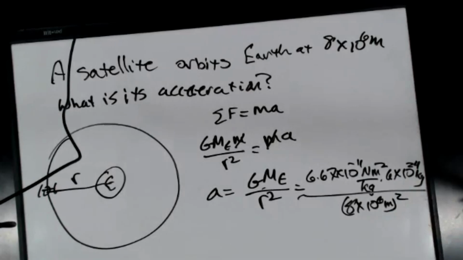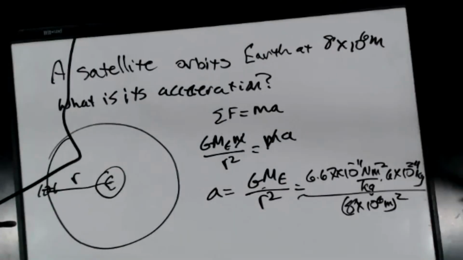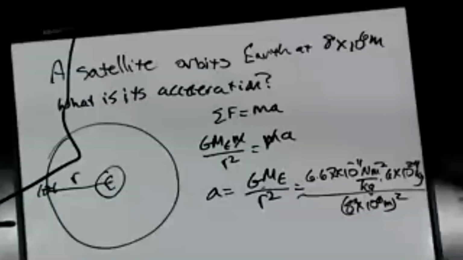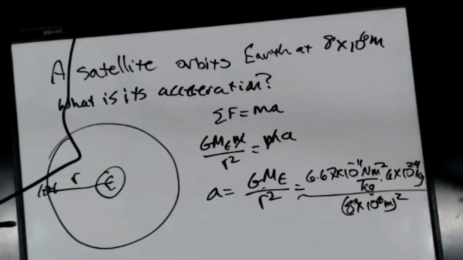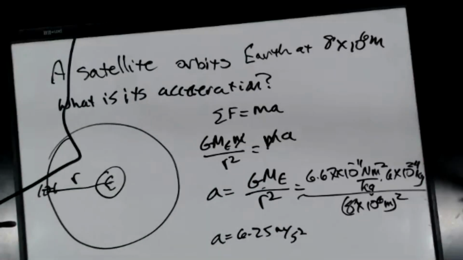I'll just do it, 6.67 e negative 11 times 6 e 24 divided by 8 e 6 squared. I was wrong. I get about 6.25 meters per second squared, which is answer C.